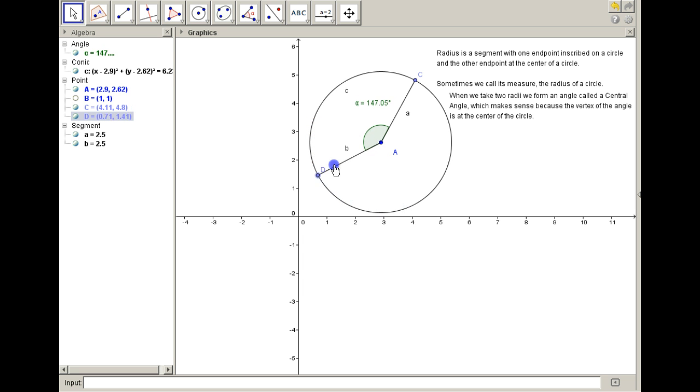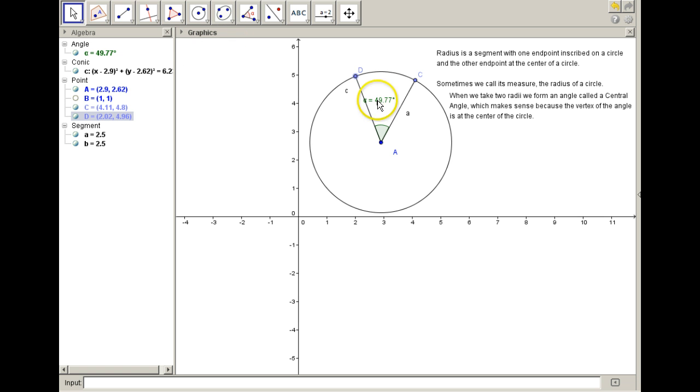Remember, it can get obtuse, and then it can get even larger than 180 degrees. It can go all the way around. What number would it reach? Just take a look there and make a prediction. 350. Whoa, it goes back to 0. 359.6. So a central angle can measure up to 360 degrees.